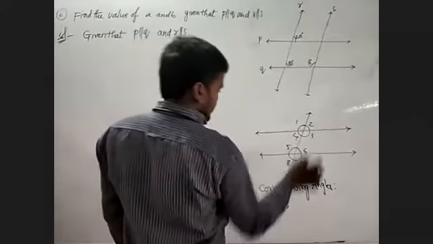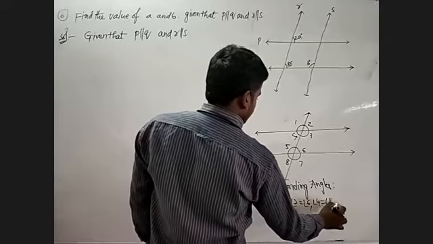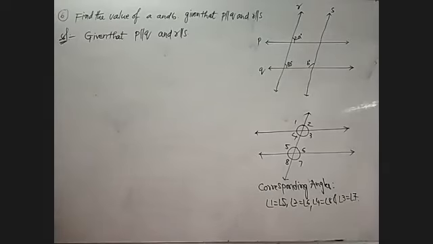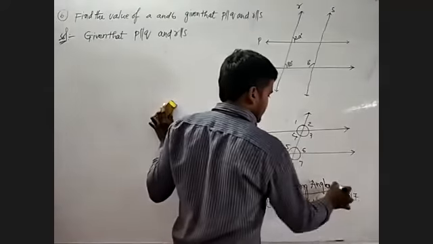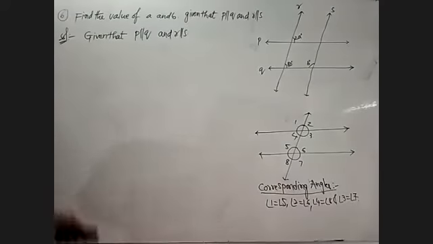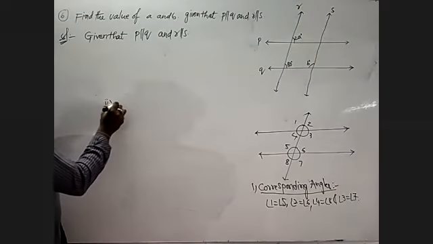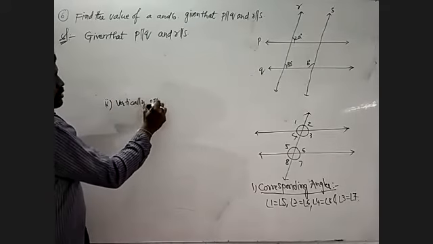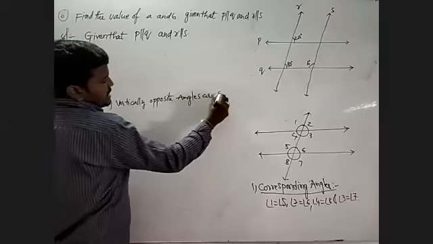After that, 2 is equal to 6, 4 is equal to 8, and 3 is equal to 7. These are the corresponding angles. All the corresponding angles are equal. Now I am going to the second point, that is, vertically opposite angles are equal.